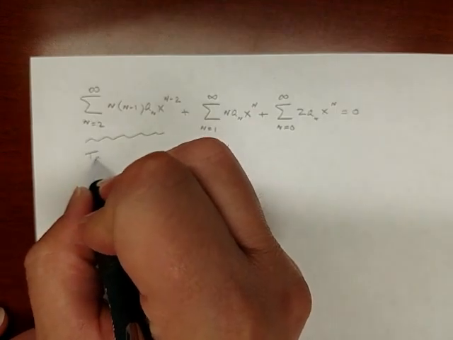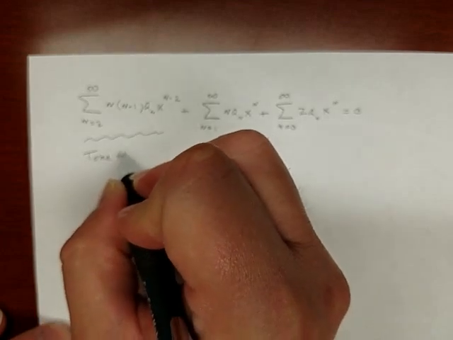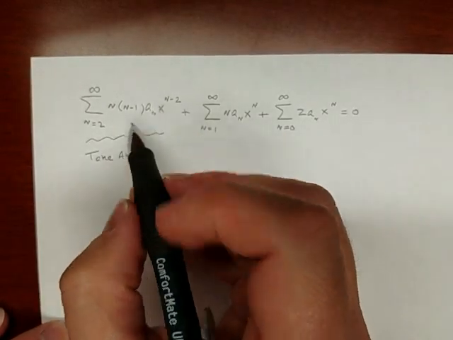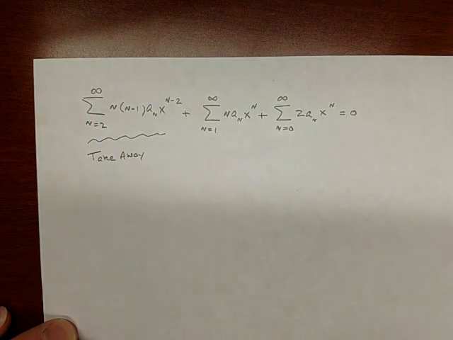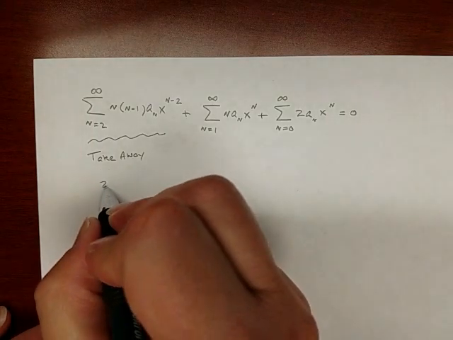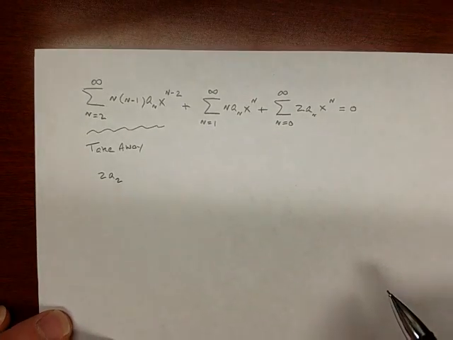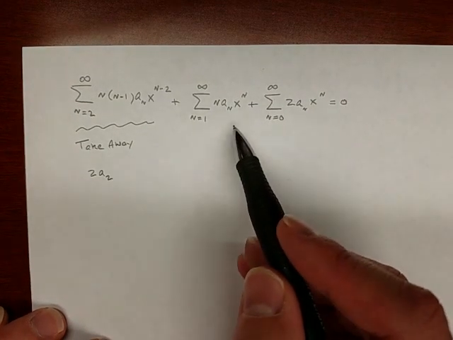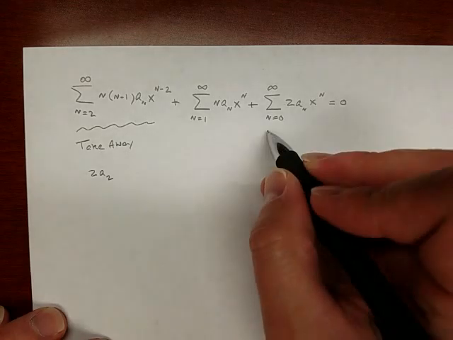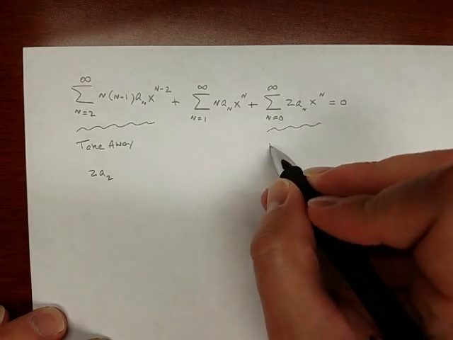I'll take away out of this one that very first term, which is actually constant, which is 2a_2 x to the 0. Okay, this one I'll leave alone, and this I'll also take out a constant.